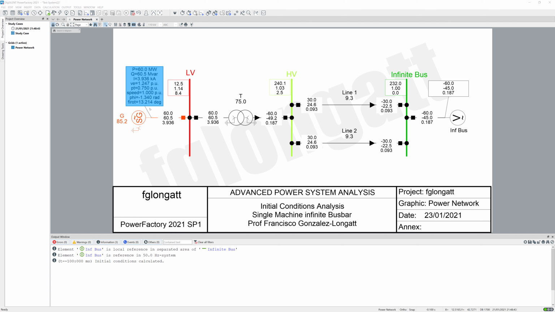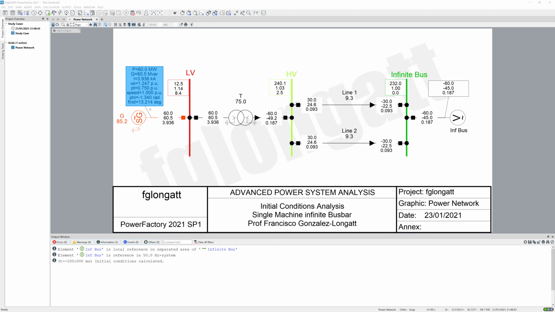What I did right now is to demonstrate that when we run initial conditions, we are calculating more variables than the variables that we calculate using load flow. The initial condition is much more than a classical or basic load flow, okay?